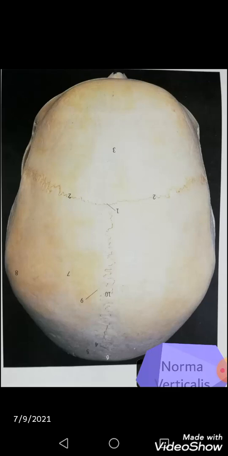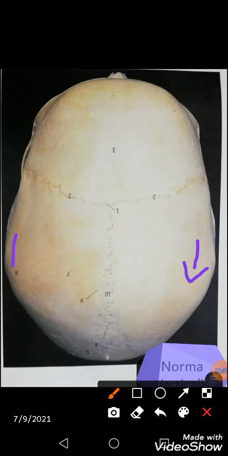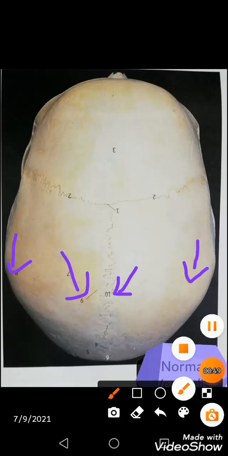What else can you find here? You can see that these are the prominences on the lateral aspect called parietal eminences, right? And what else do you find here? The parietal foramen located on each side of the sagittal suture.